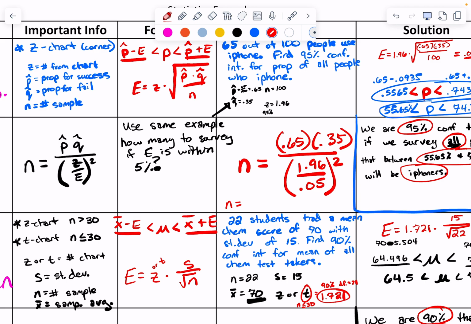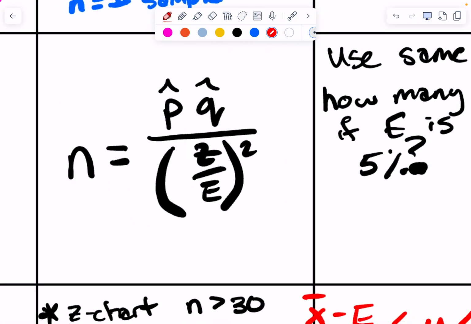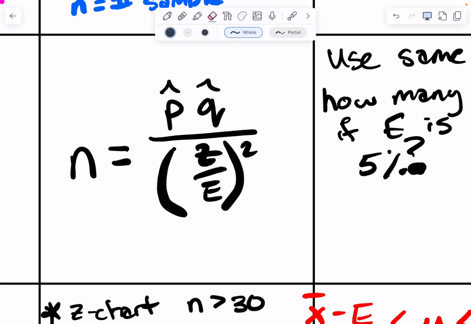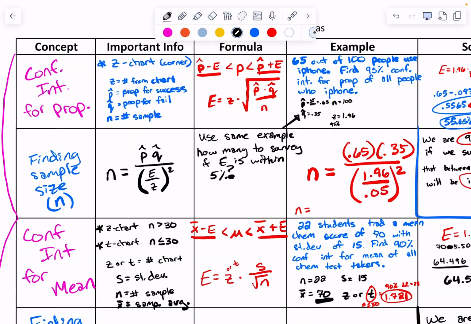Is it the square root? I screwed up the formula. It should be E over Z, not Z over E. I wrote that the first time.